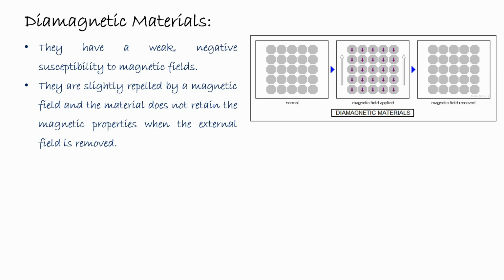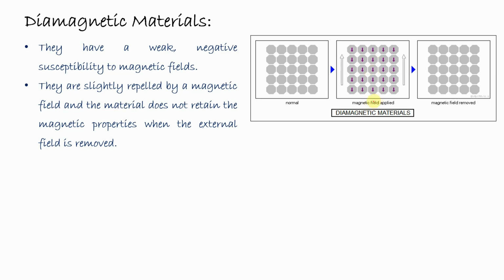Let's see this figure. These are the molecules within the material. Generally, they show no magnetic property. But when an external magnetic field is applied near this material, then the molecules of the material will be arranged in a symmetrical order.